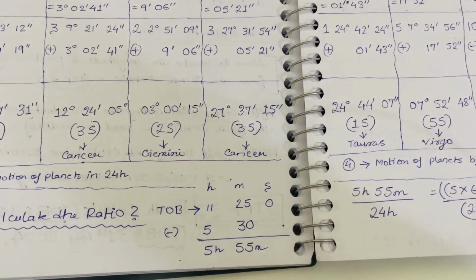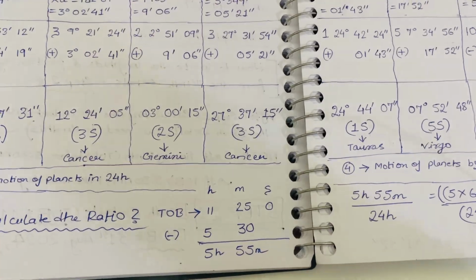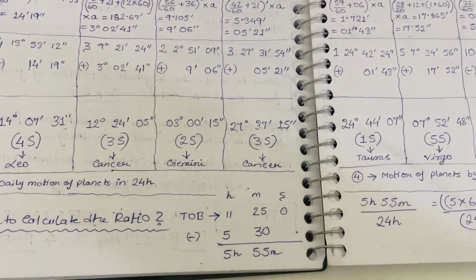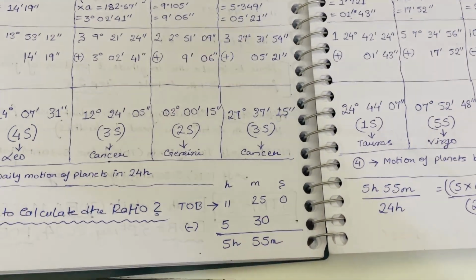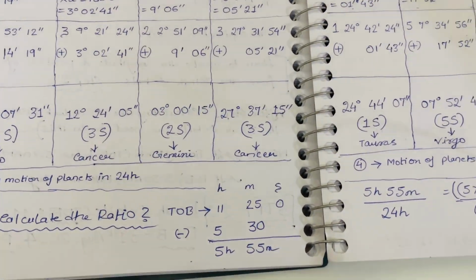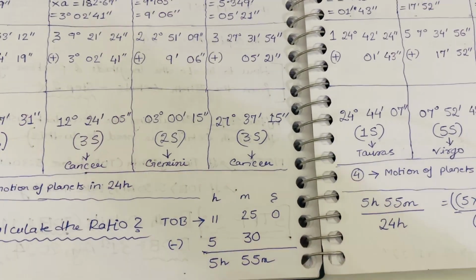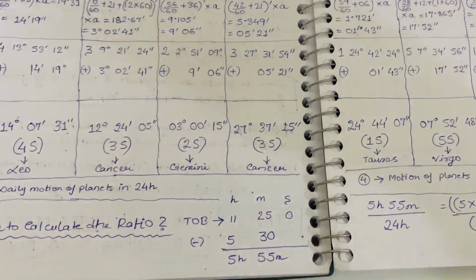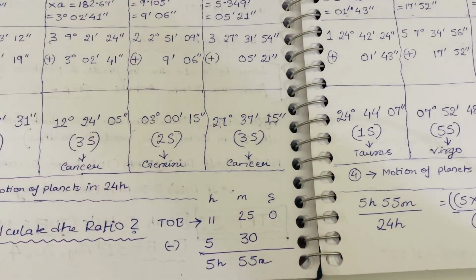We were subtracting 5 hours 30 minutes from 11 hours 25 minutes, because all the planets have traversed from 5:30 to 11:25. I have given you the explanation very clearly and in detail in the last class, so I'm not repeating the explanation again.